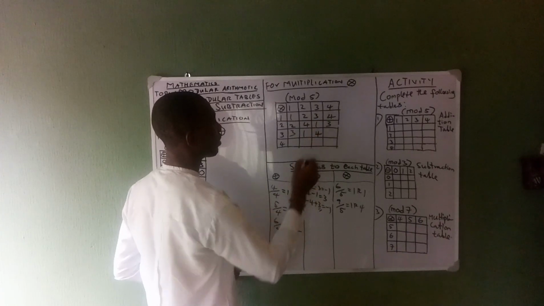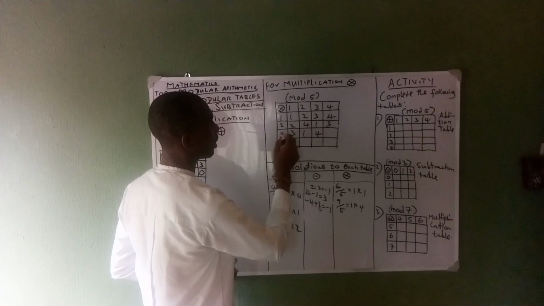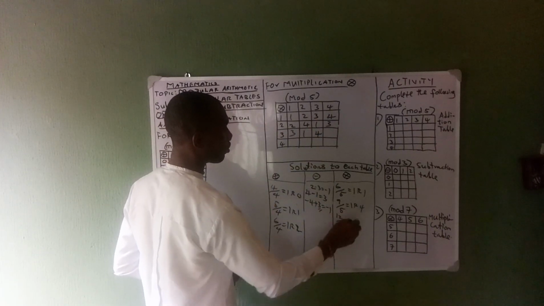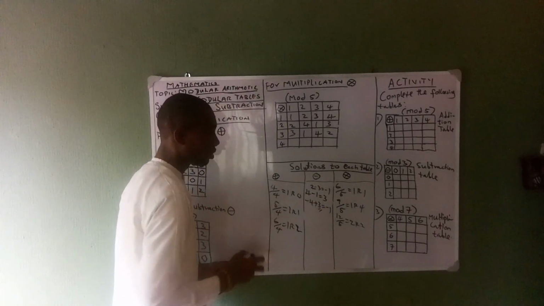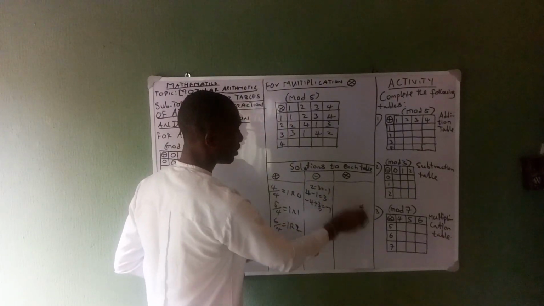We have 4 here. 3 times 4 is 12. We say 12 divided by 5 will give us 2 remainder 2. We have 2 here. So that is for the part of the 3.